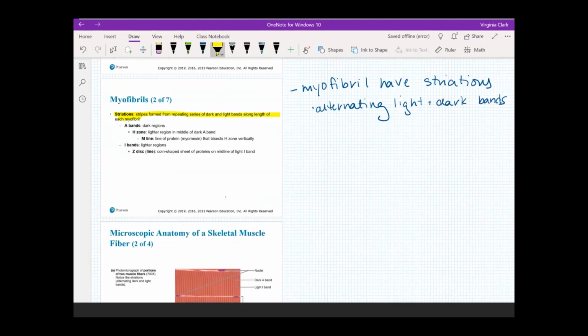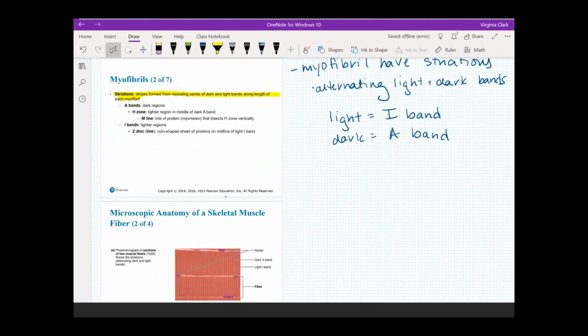When we're talking about a light band, that will also be called an I band, whereas a dark band will be called an A band. So an I band is a light region, and an A band is a dark region.